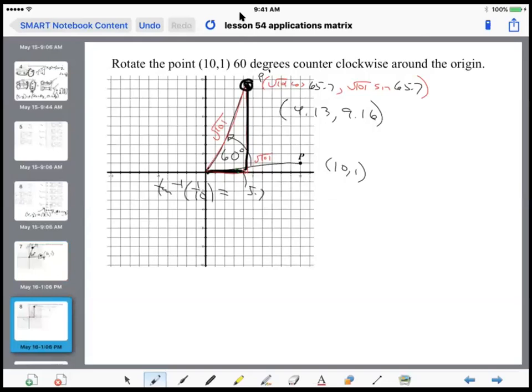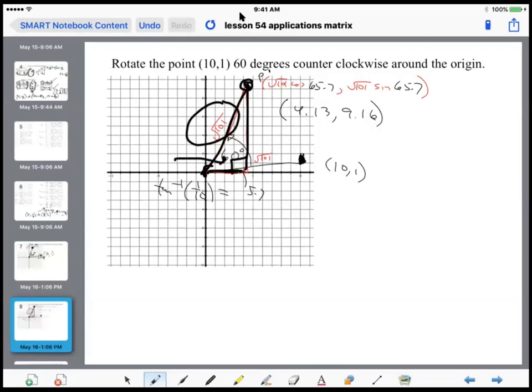Well, the hypotenuse of that right triangle is square root of 101, because if I go from the origin to P and rotate it around the origin 60 degrees, that's also going to be the square root of 101.